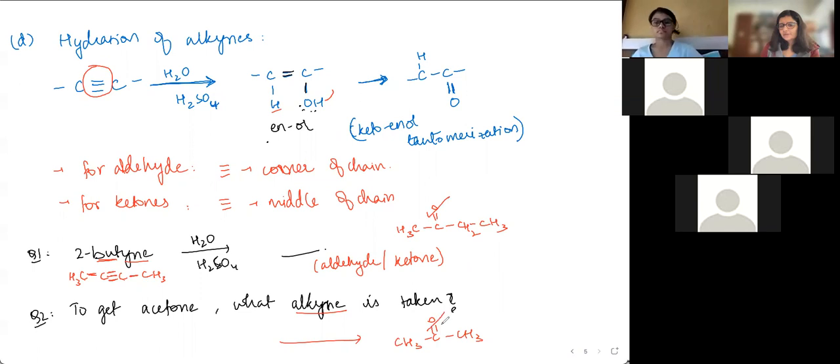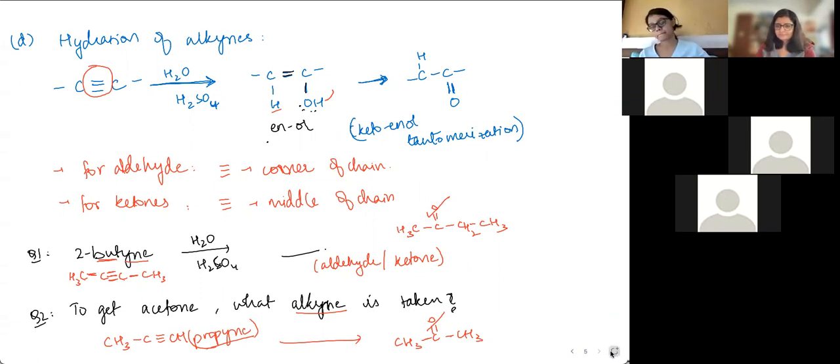If I take away the oxygen, one of these two bonds should have a triple bond. Now it's perfectly symmetrical on both sides, so it doesn't matter where I have it. So from there I get CH3, C triple bond, CH. This is going to be my original reactant. What alkyne is taken? Propyne is taken. Okay?